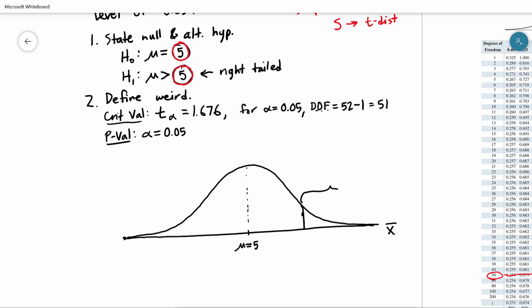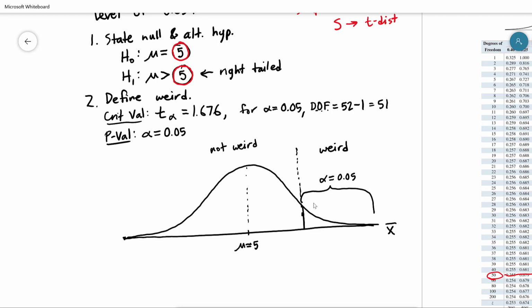The area of this region is alpha equals 0.05. This is the region that I'm considering weird. Anything over here is weird. Anything over here is not weird. So this is my weird region. This is the part of the tail that I'm going to consider weird, and it has an area of 0.05.